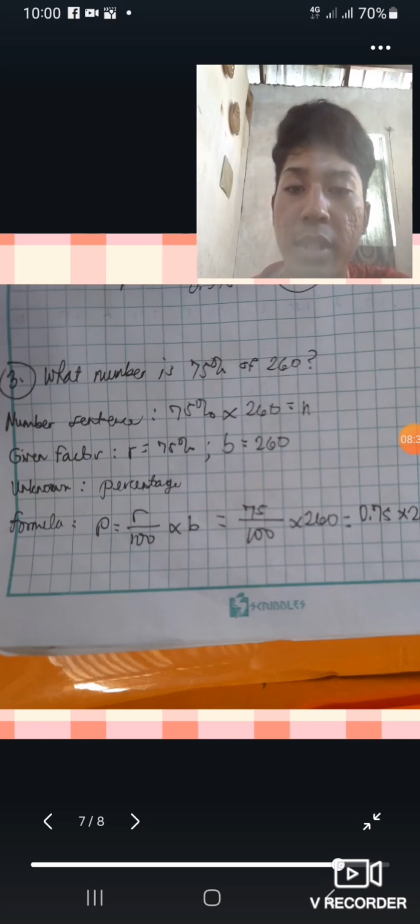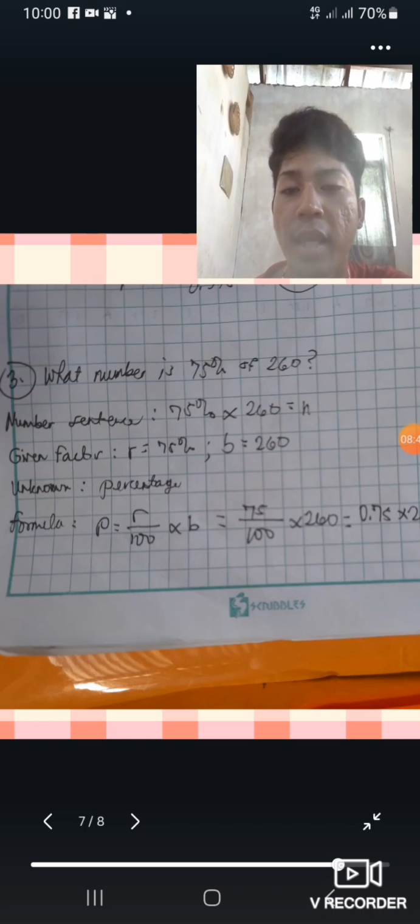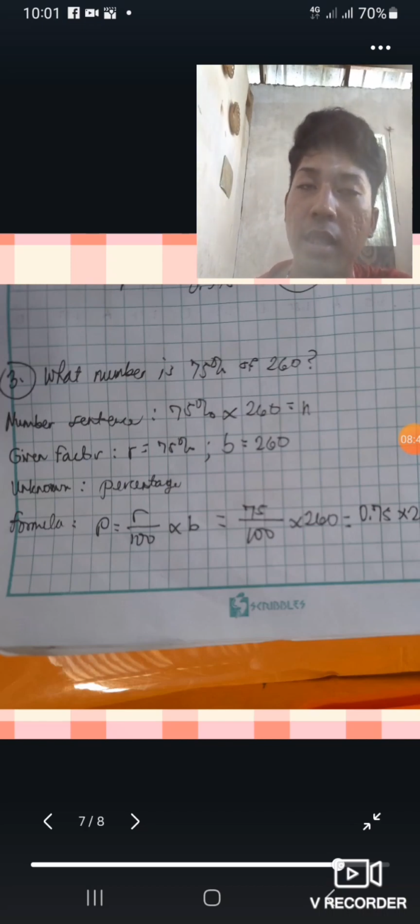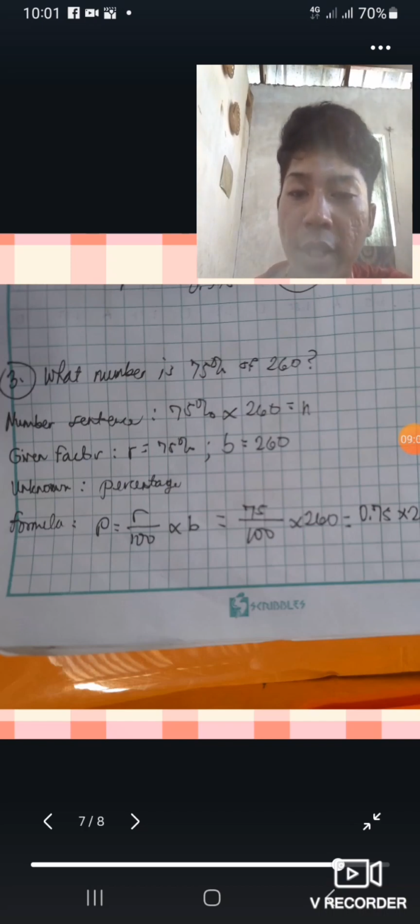The unknown is the percentage, so we are going to solve for the percentage. We have the formula: P equals R over 100 times base.